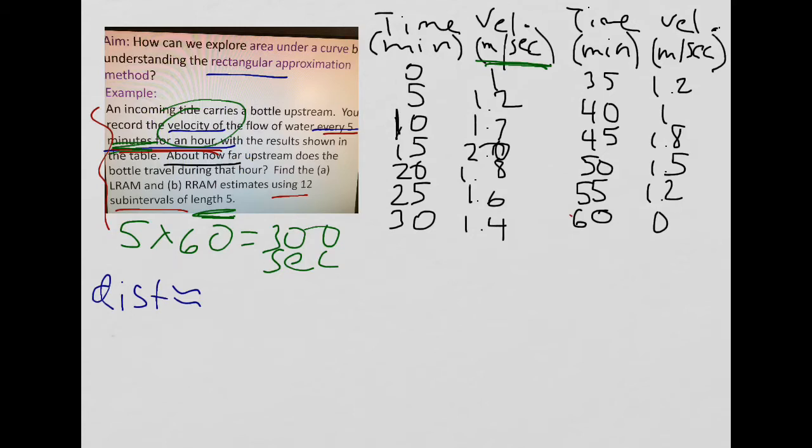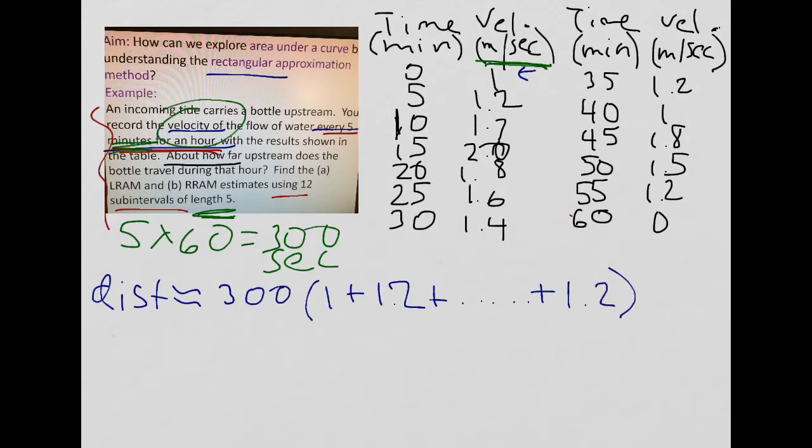You don't need to graph it out. And each rectangle would have the same base. And it's not the 5 minutes, but rather the 300 seconds. Now, the left endpoint would be using the first value here, not that 0 at the end. So you can write out some of these values if given.